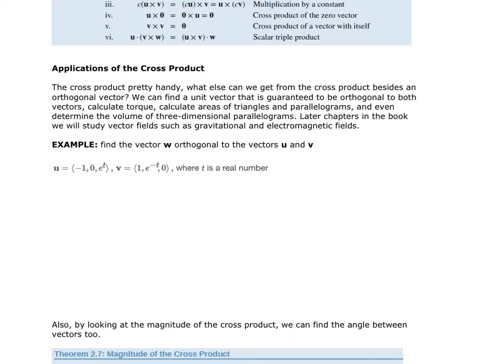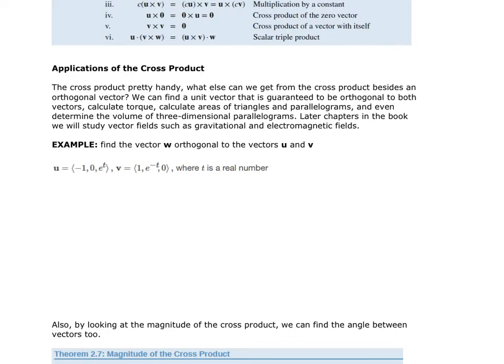Every time we're finding a cross product, we're finding an orthogonal vector. Then if we want an orthogonal vector that is a unit vector, we just do our regular unit vector process: divide each one of my terms by the magnitude of that vector.